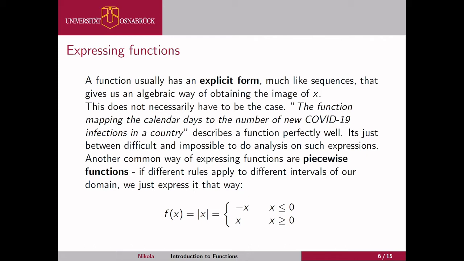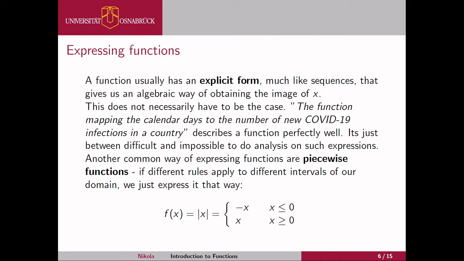For example, if we have a negative domain element, so x is smaller than 0, we map f of x onto negative x. And on the other hand, if our domain element x is positive, we map it onto the identity, onto f of x equals x.